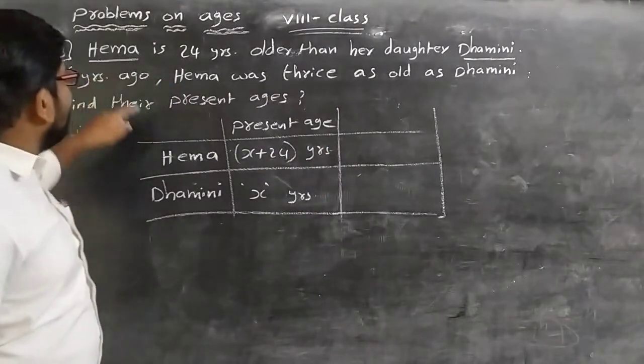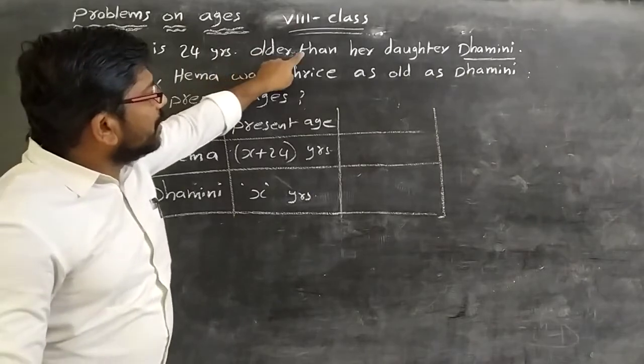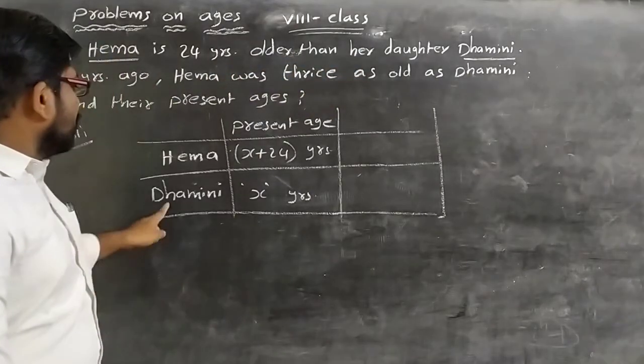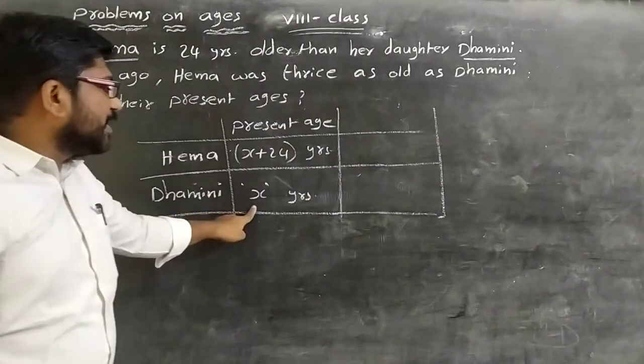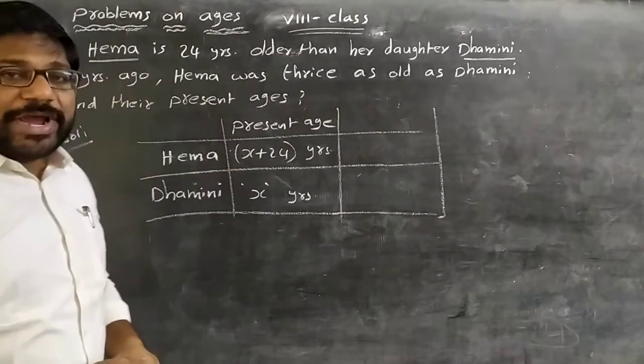So once again listen, Hema is 24 years older than her daughter Damini. So if Damini's present age is x, then her mother's age is x plus 24, right?